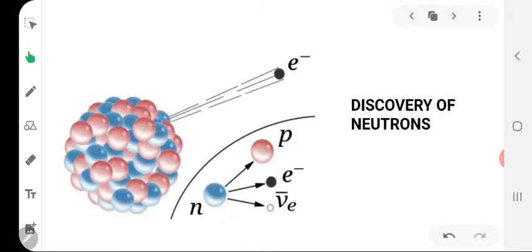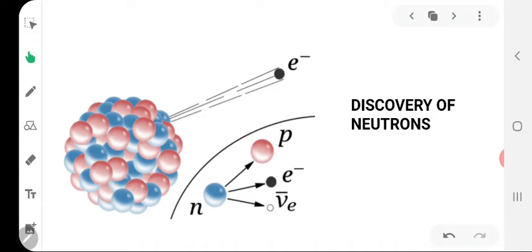Let us now study about how the third fundamental particle of an atom, that is the neutron, was discovered. Let me tell you that until 1920, an atom was supposed to consist of only two fundamental particles, that is electrons and protons.